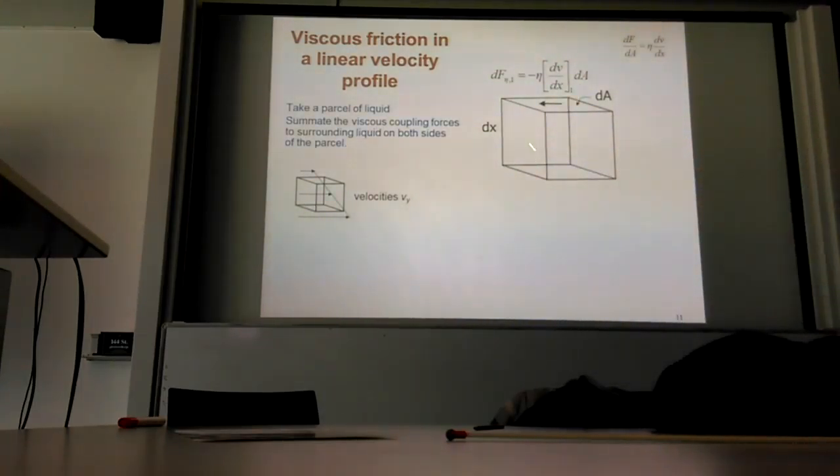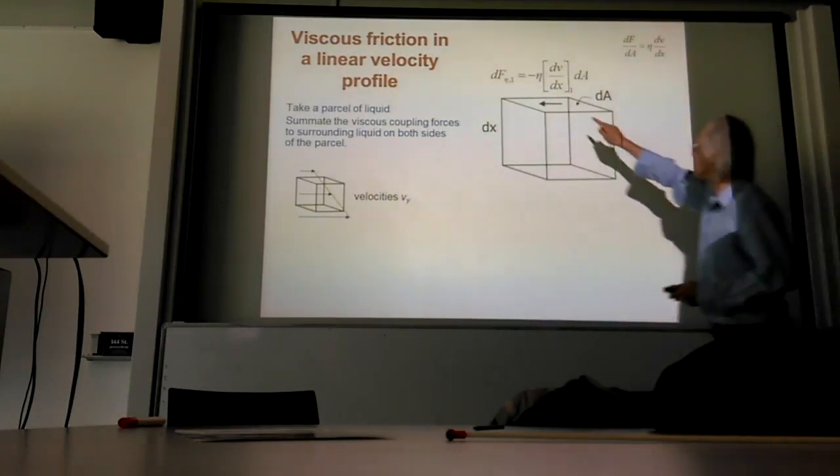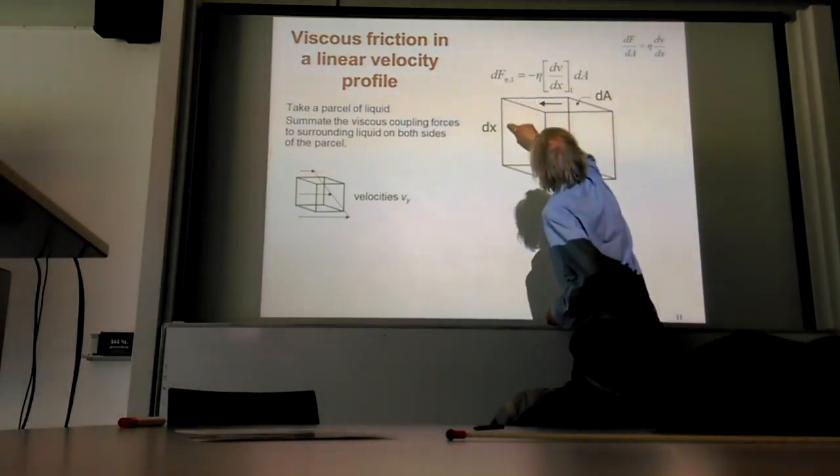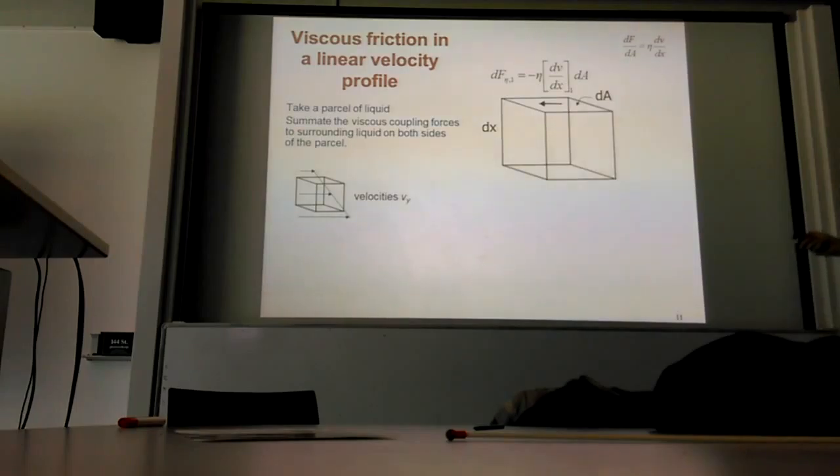So here I have a friction force, which is equal to our viscosity, times the velocity difference there and there, so the gradient of the velocity between that parcel and that parcel, that's dv dx at this first area, times our area.